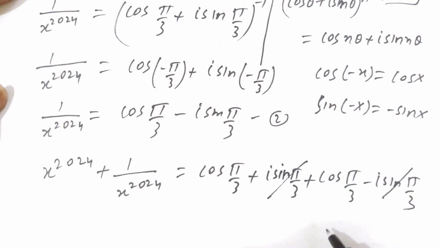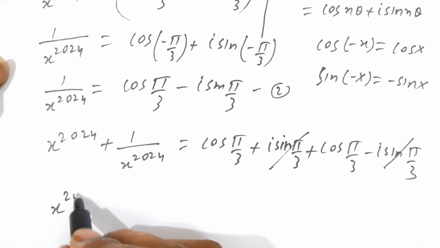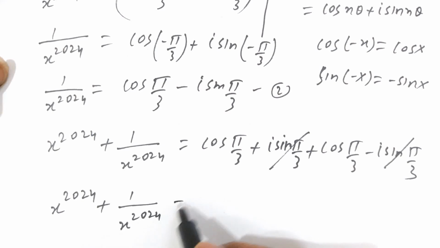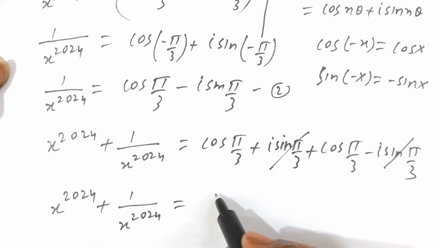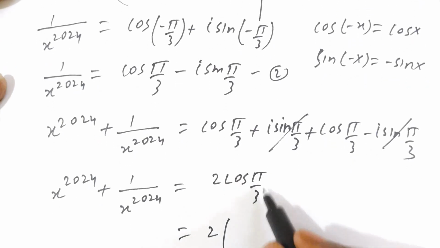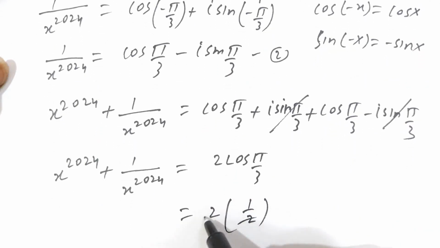Then this and this cancel out. So in the left hand side we have x power 2024 plus 1 divided by x power 2024, which is equal to 2 times cos pi by 3, and cos pi by 3 is 1 by 2, and this 2 cancels out.